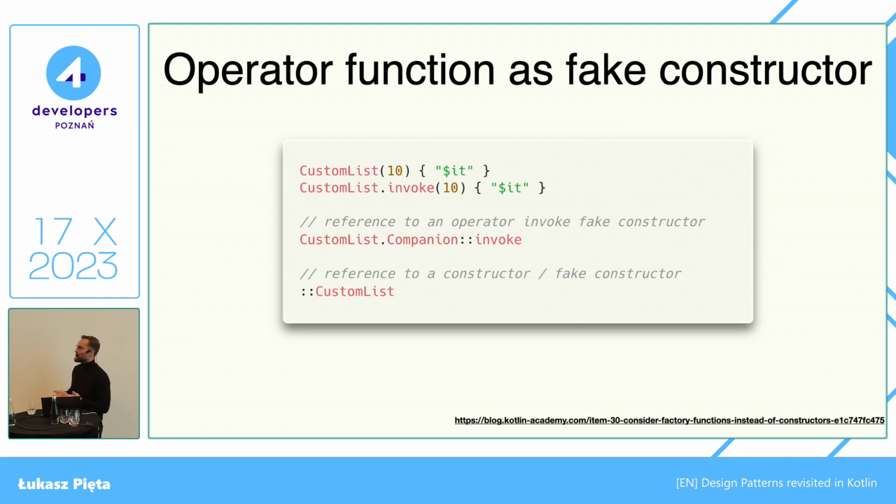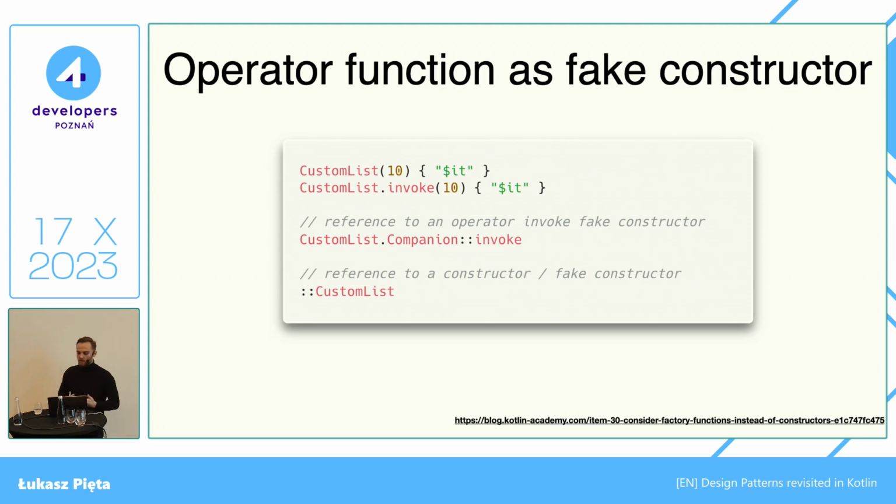Because what's an invoke function? It changes the API of how we use constructors, because both the constructor and the fake constructor, which is a function that I showed you on mutable list, have this very simple reference to a constructor or this function.